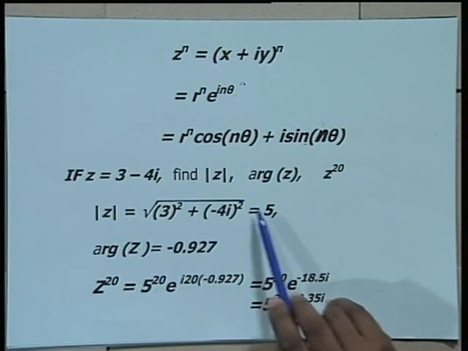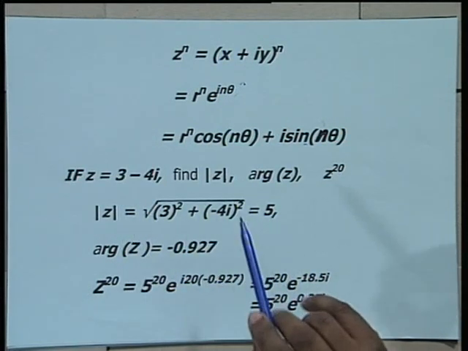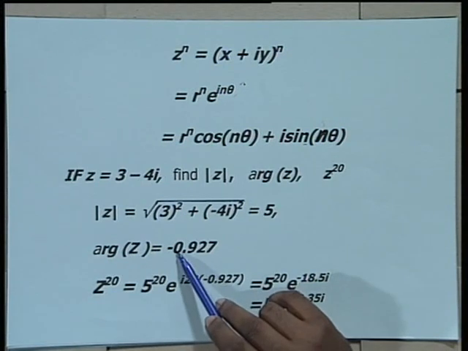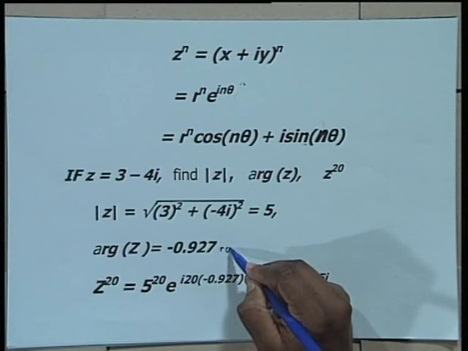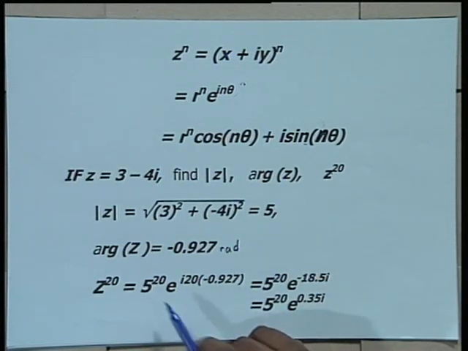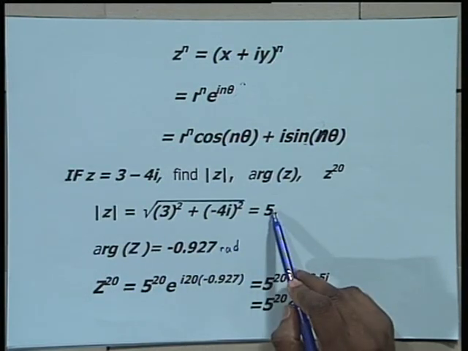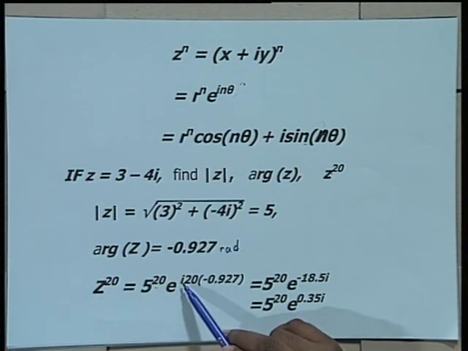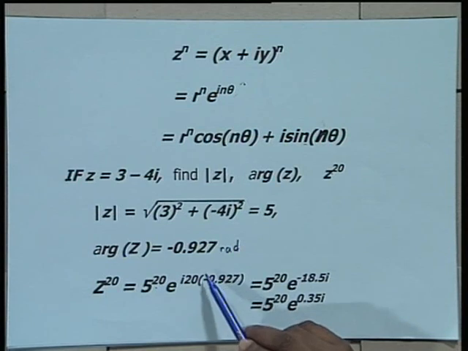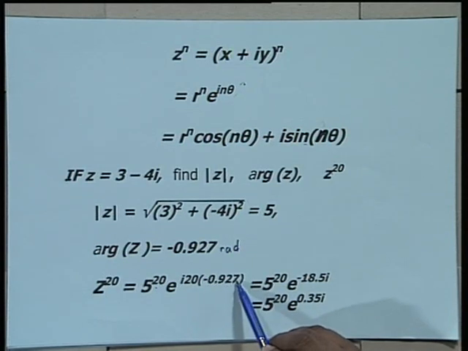Modulus of z will be 5. Argument of z is minus 0.927 radian. Therefore, z power 20 will be 5 power 20 e^(i times 20 times minus 0.927).